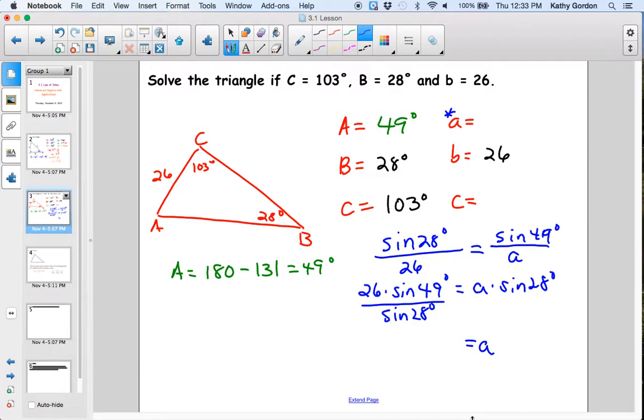Alright, so if we do that, we're going to take 26 times the sine of 49, hit equal so that I'm taking that whole numerator and dividing it by the sine of 28.